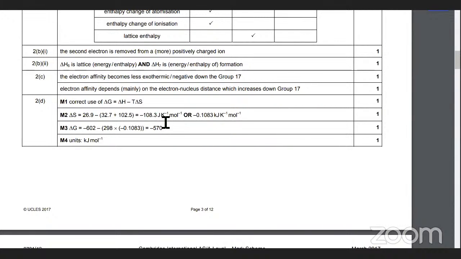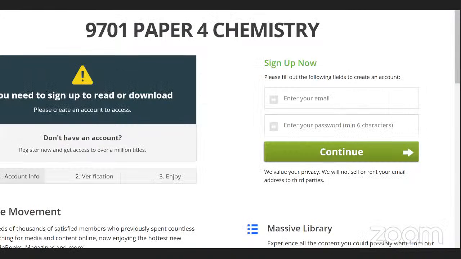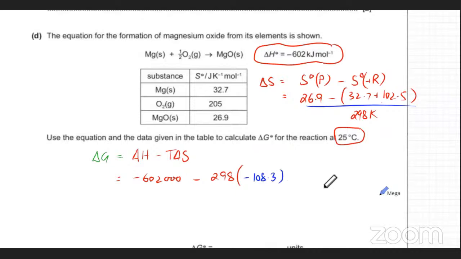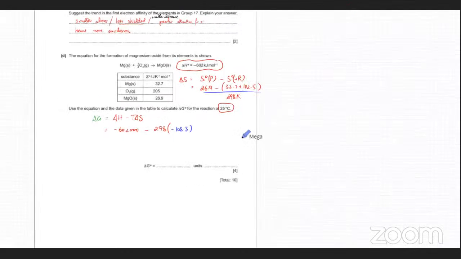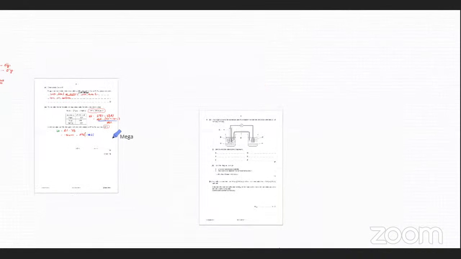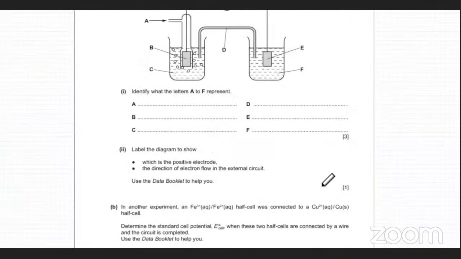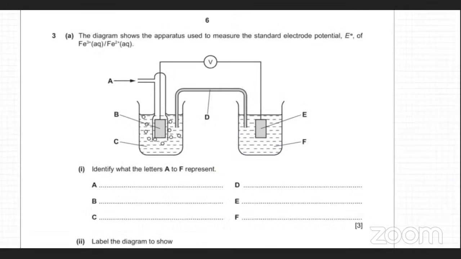It is coming out to be negative 108.3, and they converted everything to kilojoules while we converted everything to joules. So they're getting minus 570 for this. The units were up to you, so you could have chosen the other one. So that's this one. Let's move to electrochemistry now.